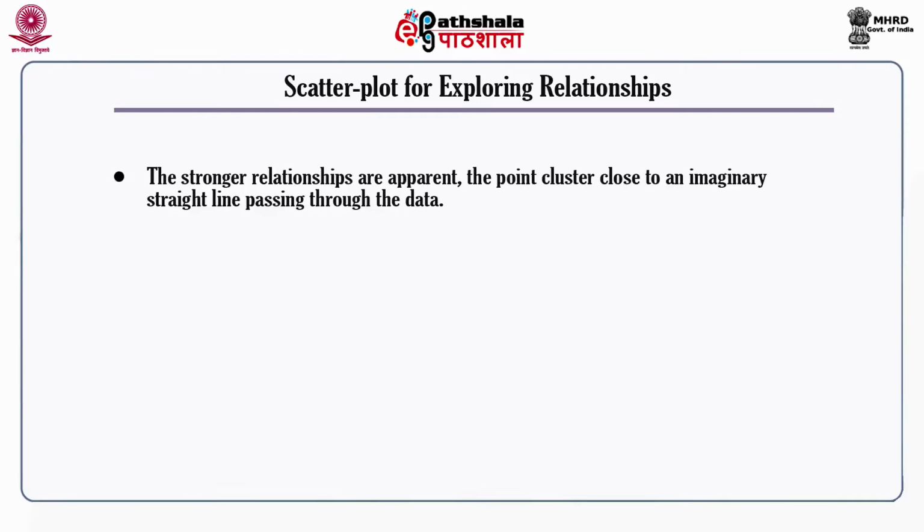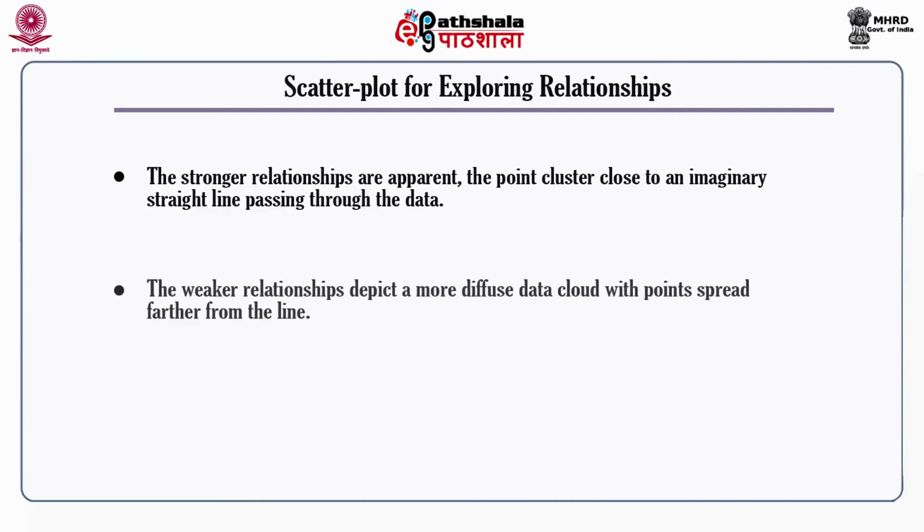The stronger relationships are apparent. The points cluster close to an imaginary straight line passing through the data. The weaker relationships depict a more diffuse data cloud with points spread farther from the line.